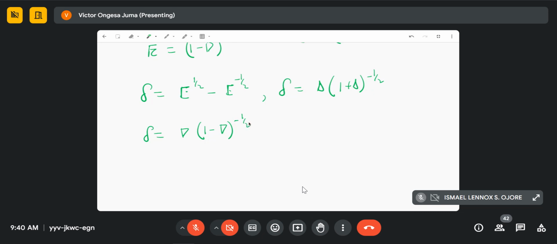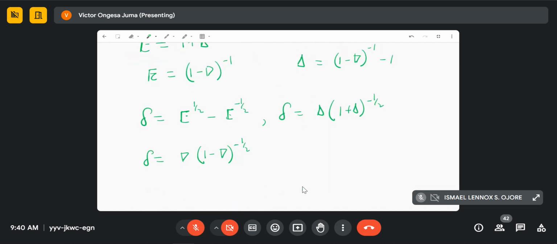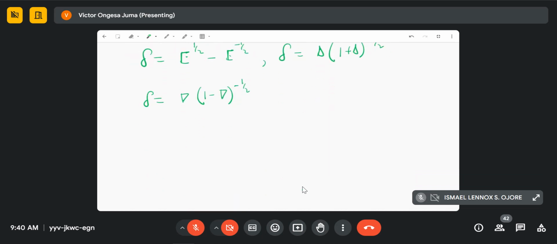I think those are enough. Others are there, but these are enough to show you the relationships, so that next time I'll review a few of them, and then we start on Newton's interpolation formula.